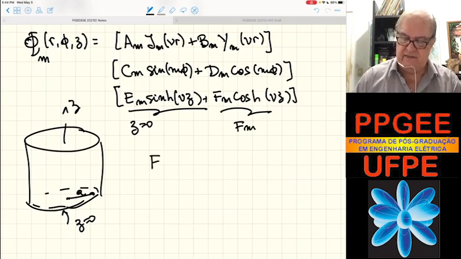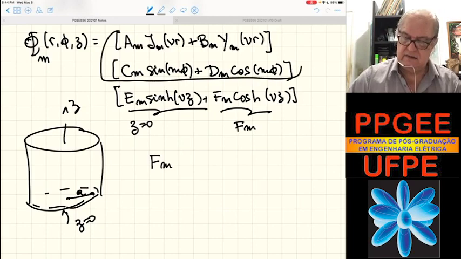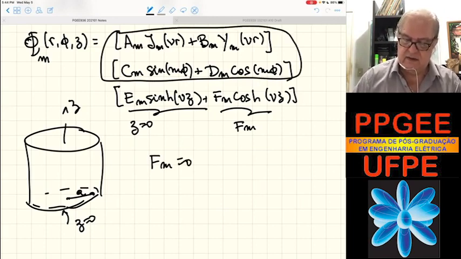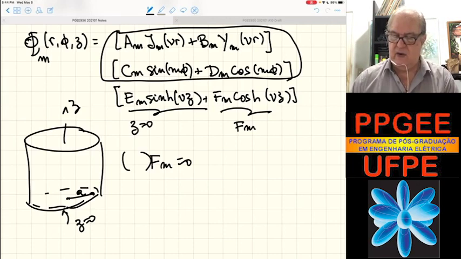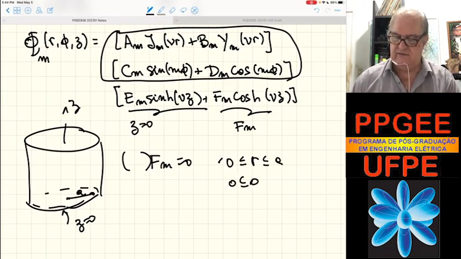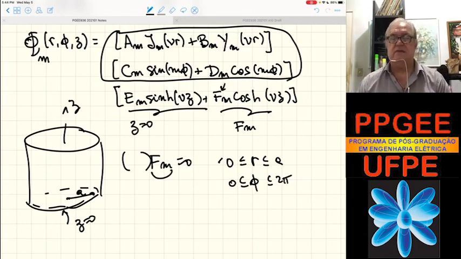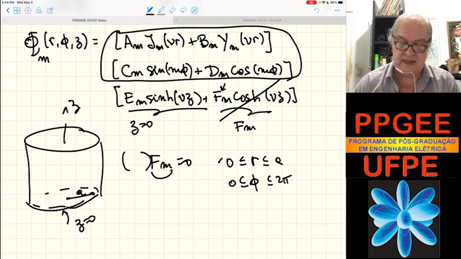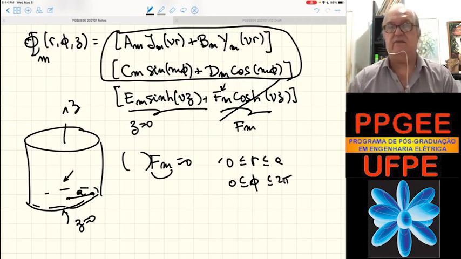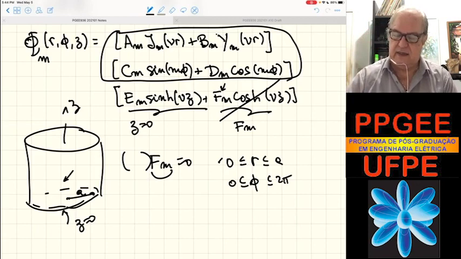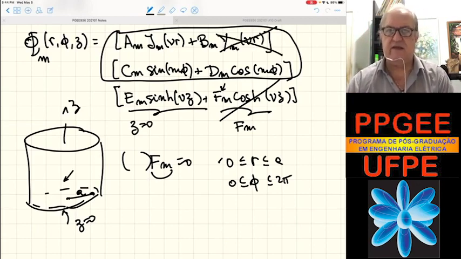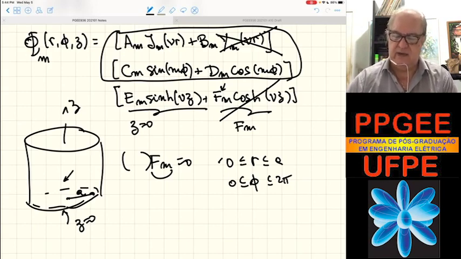So Fm times this other thing has to be 0 anywhere for 0 smaller than r smaller than a, and 0 smaller than phi smaller than 2 pi, which means I have to make Fm equal 0. The second consideration is that the function has to be well behaved on the z-axis. So the Bessel function of the second kind, which diverges at the origin, is not present.